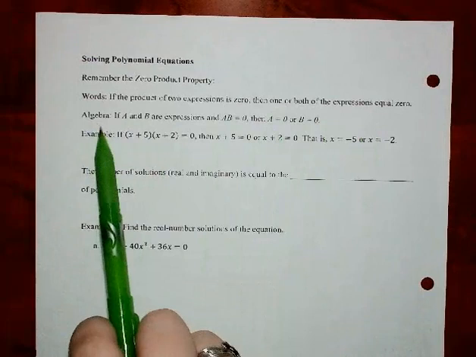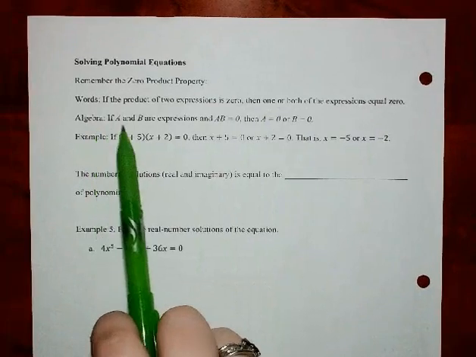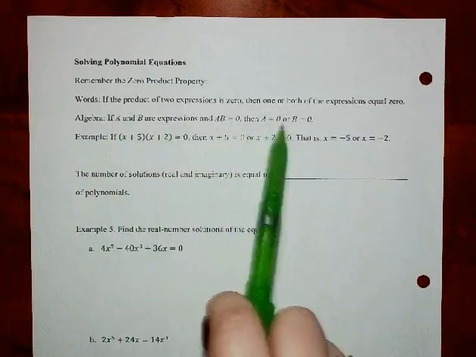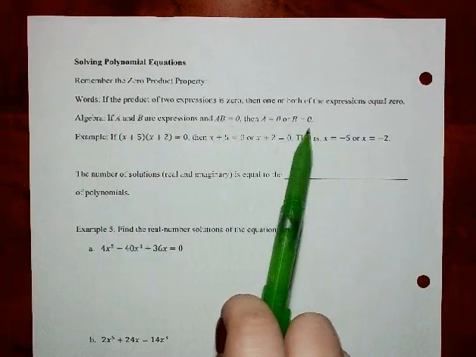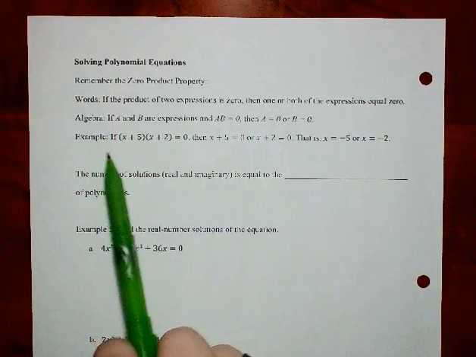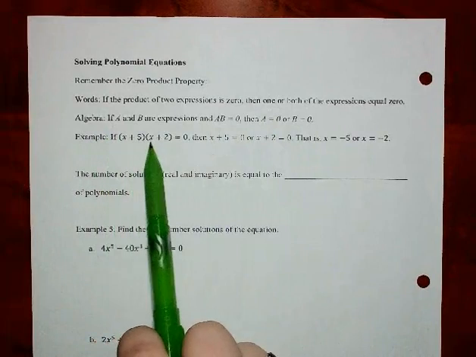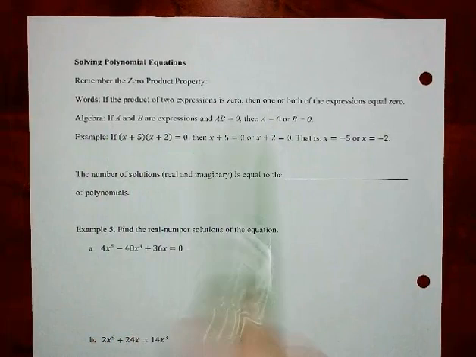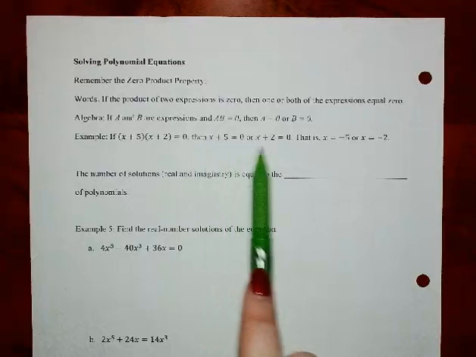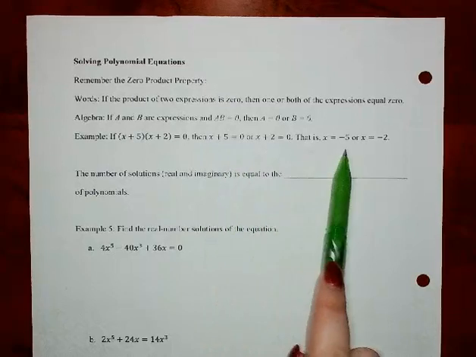In algebra, if A and B are expressions, and A times B equals 0, then A equals 0 or B equals 0. An example is if x plus 5 times x plus 2 equals 0, then either x plus 5 equals 0 or x plus 2 equals 0. So that means x is negative 5 or x is negative 2.